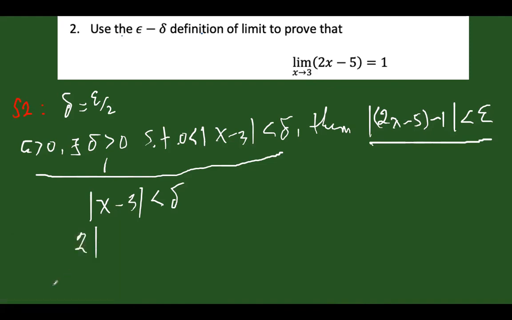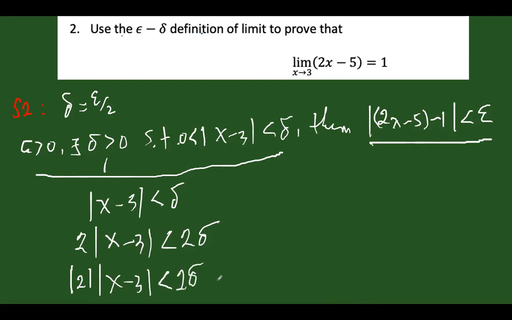So the absolute value of x minus 3 is less than delta, and multiplying both sides by 2, we get 2 delta. And since 2 is equal to the absolute value of 2, I could say the absolute value of 2 times the absolute value of x minus 3 is less than 2 delta.